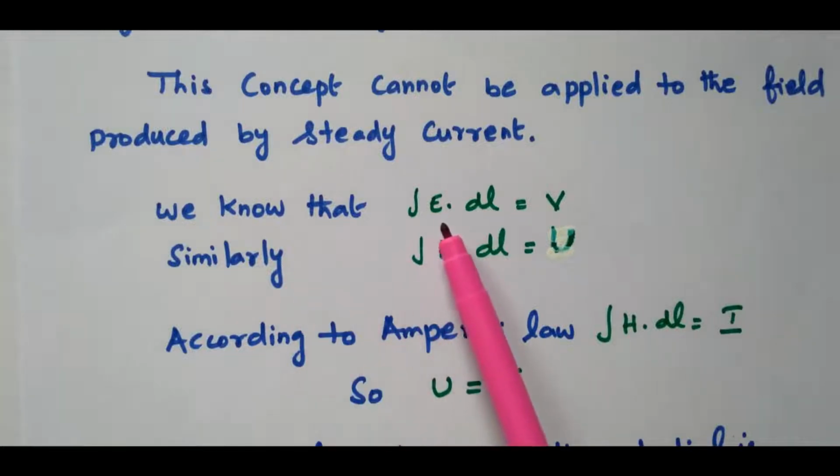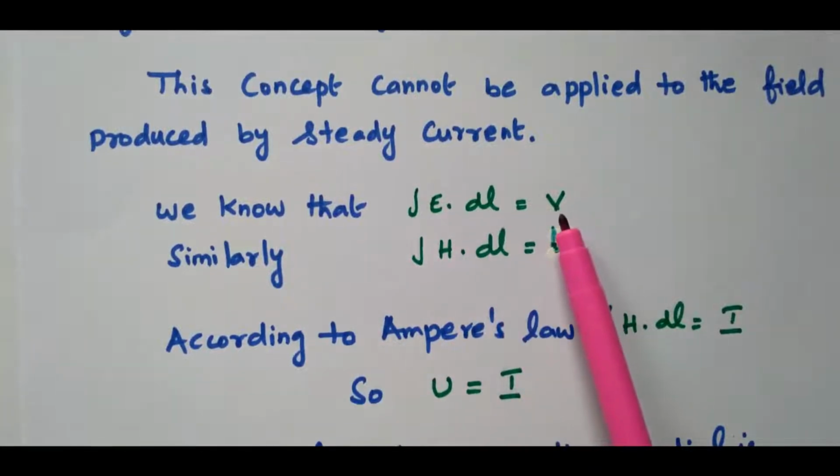We know that integral E dot dl equal to V. Similarly, integral H dot dl equal to U, the scalar magnetic potential, right? But according to Ampere's law, integral H dot dl equal to I, right?